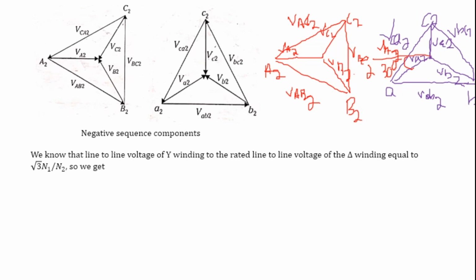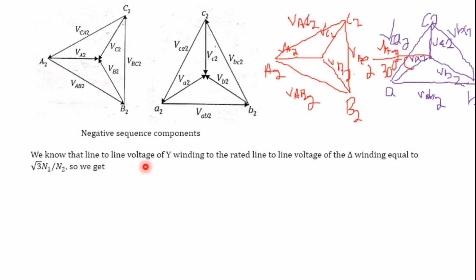We know that the line-to-line voltage of the star-connected winding relative to the line voltage of the delta is root 3 times N1 by N2.